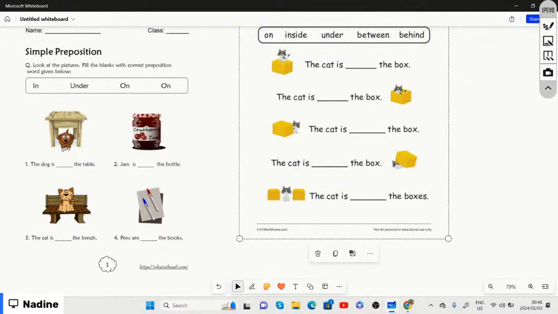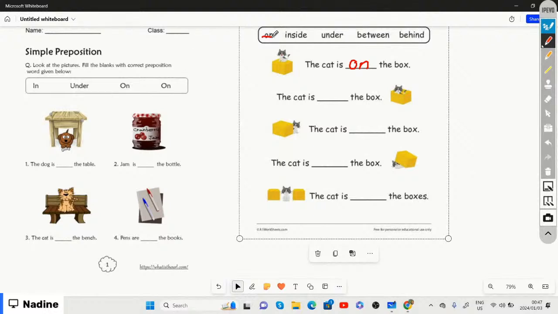So we can say that the cat is on the box. Yes, so on is correct because it's on the box. So well done. On is correct. Then we can say the cat is in the box. Here we find the cat.